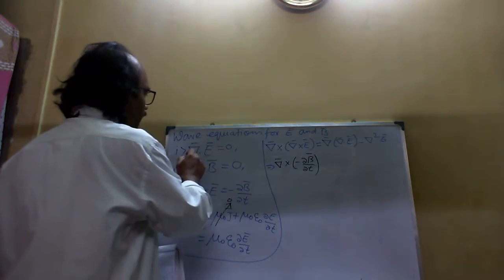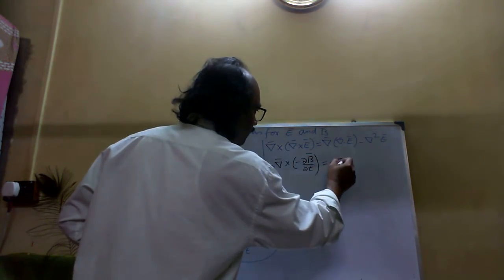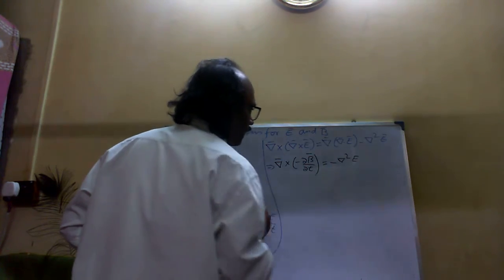Del dot E is 0, therefore only we are going to have minus del square E on the right hand side.